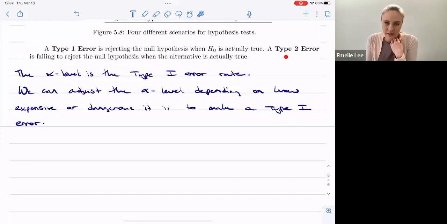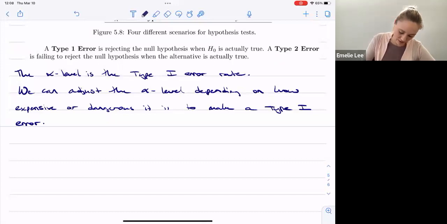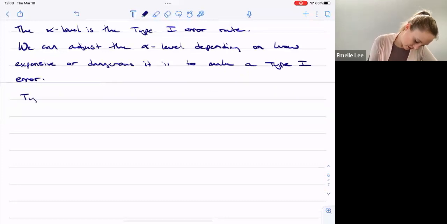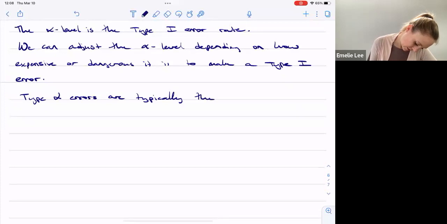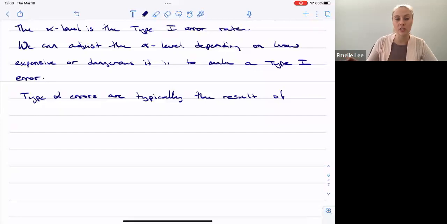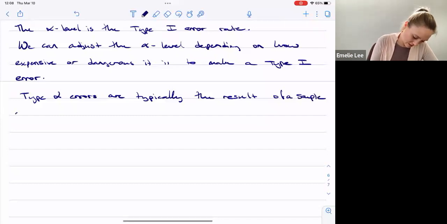A type 2 error is usually just the result of not a large enough sample size. So we don't really focus on type 2 errors, but type 2 errors are typically the results of sample sizes that are not large enough to detect a significant result.